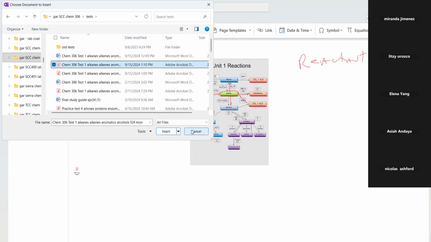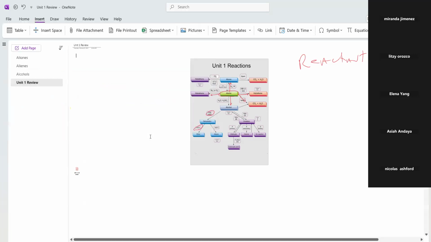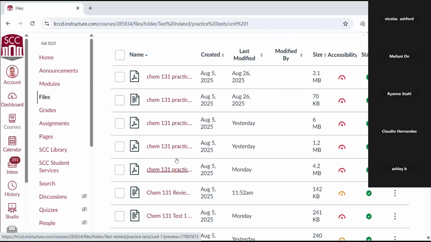I printed the one that you uploaded yesterday. It says August 5th. That's the one I printed. Okay, let me, sorry about this, you guys. Guess what?